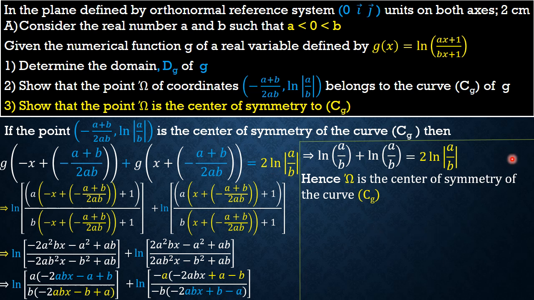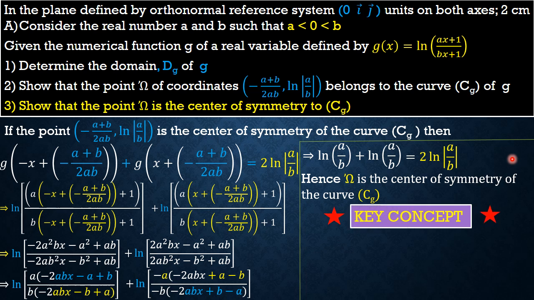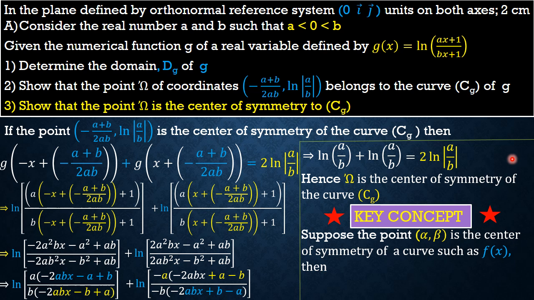So friends, I want you to take special note of what I'm about to write. Let's look at the key concept. Very, very important. Don't joke with it. Now, if we suppose that the point alpha, beta is a center of symmetry of a curve, we can call that curve f of x.